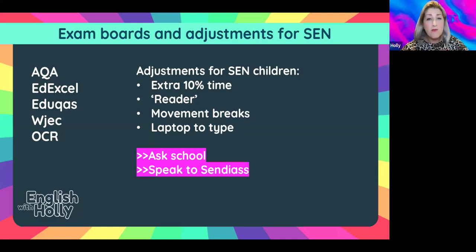So if your child is trying really, really hard to improve their handwriting and only you can understand it, you and their English teacher, then speak to the school and see if you can get a laptop for them to type on, because examiners mark hundreds and hundreds of papers, and if they can't make head nor tail of what someone's written, then they can't award any marks for it.